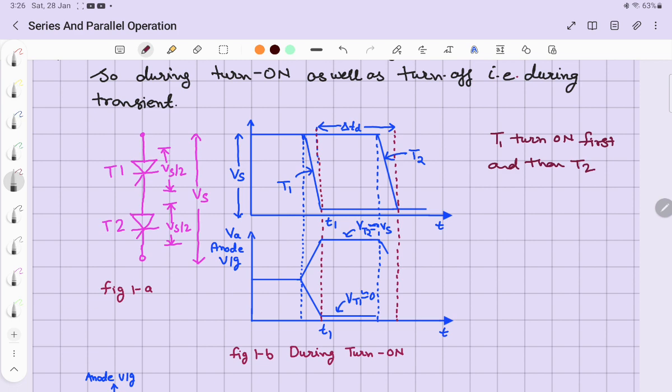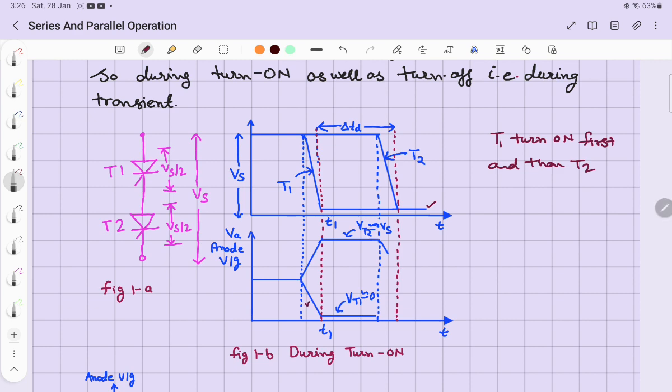Here you can notice the moment when thyristor T1 is on, the voltage across this thyristor drops to 0, of the order of 1 or 2 volts, which we consider as 0.